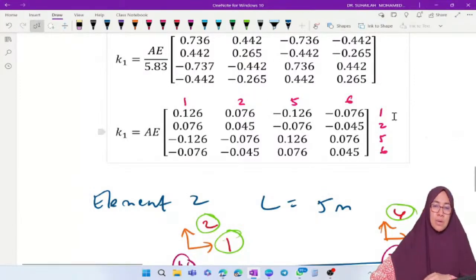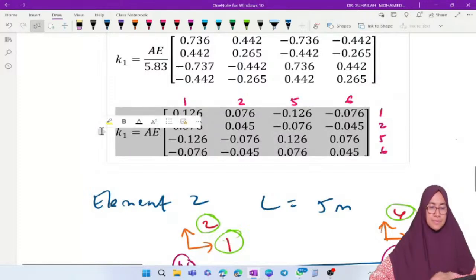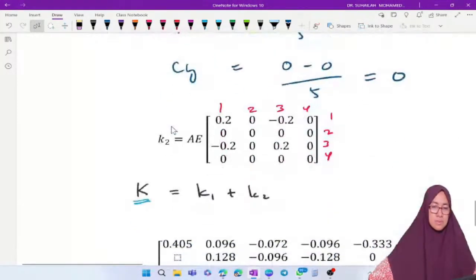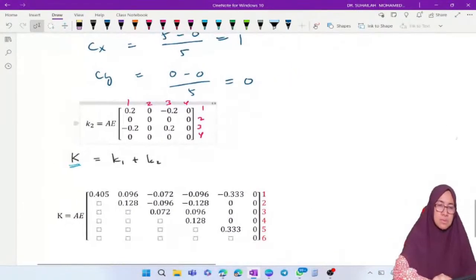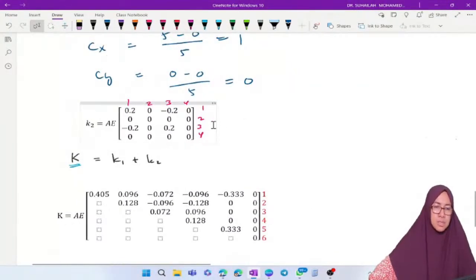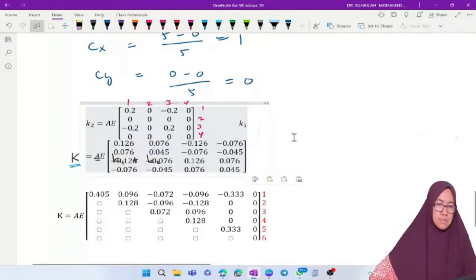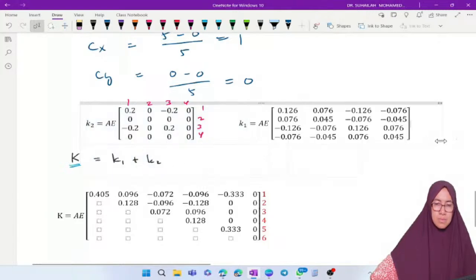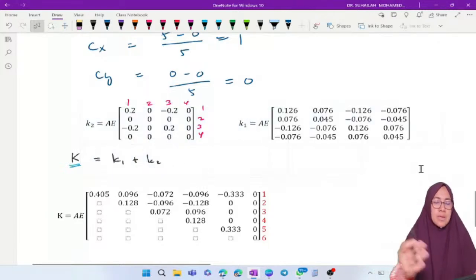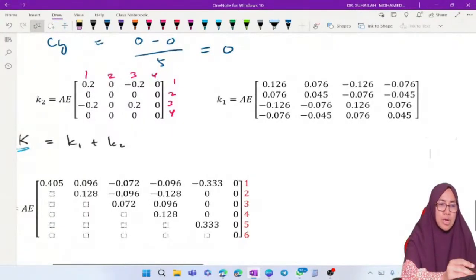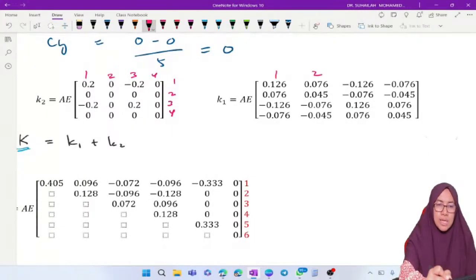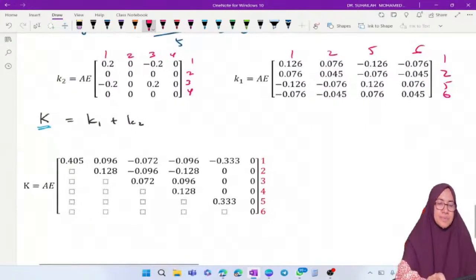Okay, so I want to copy this and put it here. Okay, so we have K1 and K2. K1, 1, 2, 5, 6.